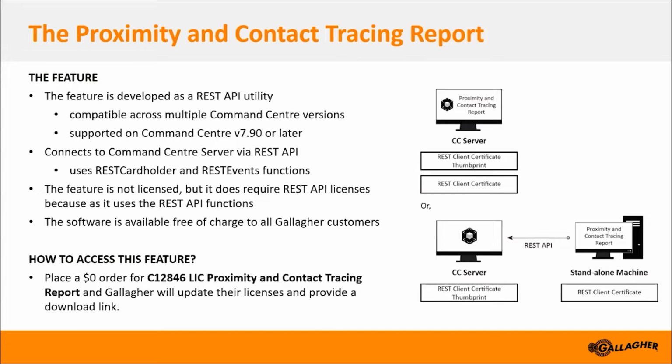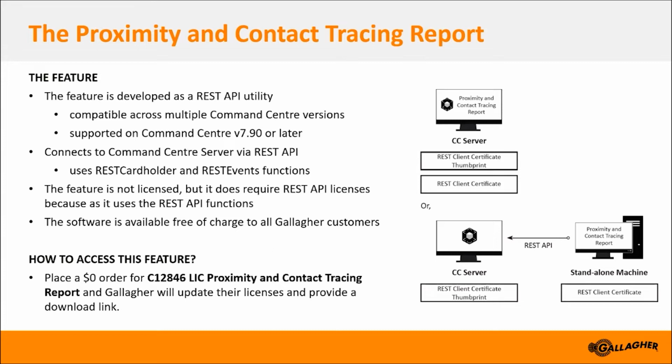By selecting this approach, we made sure that the feature is compatible across multiple Command Center versions, starting from Command Center 790. The application connects to Command Center via REST API, and it uses the REST cardholder and REST events functions. While the feature is not explicitly licensed, it does require the REST cardholder and REST events licenses for you to be able to use it.